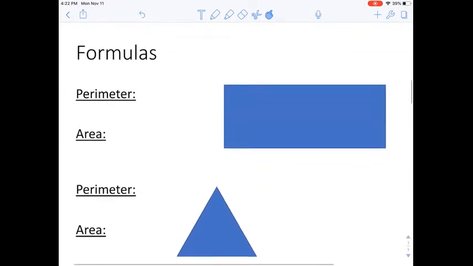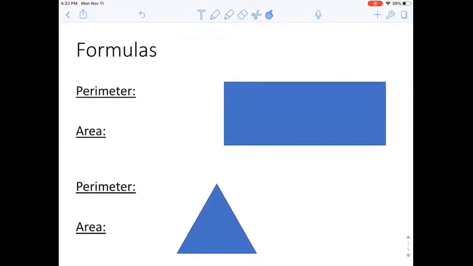So just to review the formulas, you can write this down. Perimeter of a rectangle. So we have length and width. For perimeter, we add all of those together. So we get 2L plus 2W.